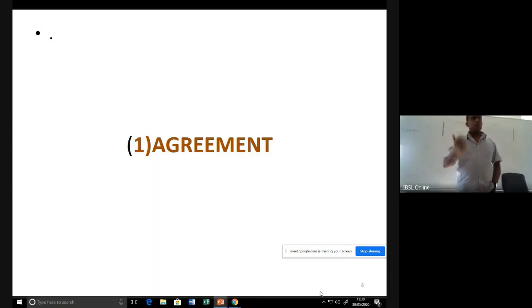Now that applies to other contracts also, a complicated commercial contract. One party asks something, the other party accepts it. Then parties come into an agreement. Agreement is the first element of the contract. Right? What is an agreement?